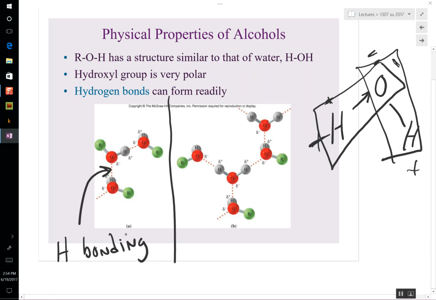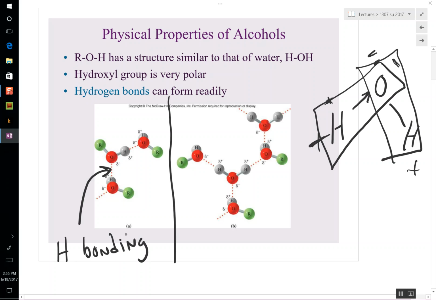It's not a bona fide sharing of electrons. It's an attraction of oppositely charged ends of that bond that are attracted to the other molecule. It's a weaker bond than a covalent bond, but it is a very important bond, hydrogen bonding.